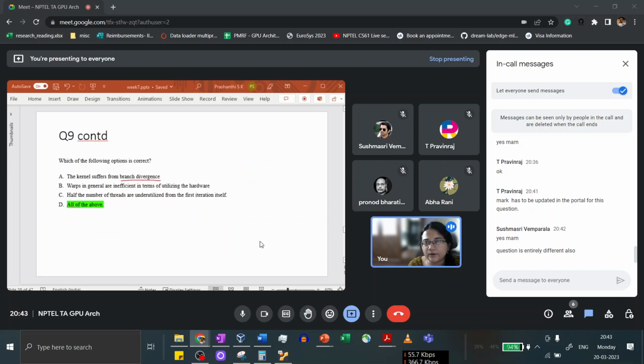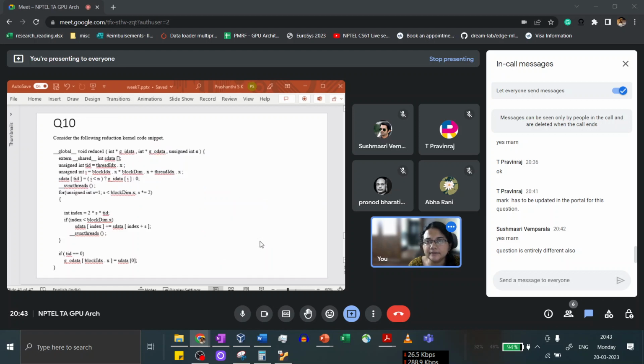Okay, moving on to the 10th question. Consider the following reduction kernel code snippet. Again, I'll skip over some of the initial things. So the s data assignment looks like this, and within your for loop, you do something differently here.